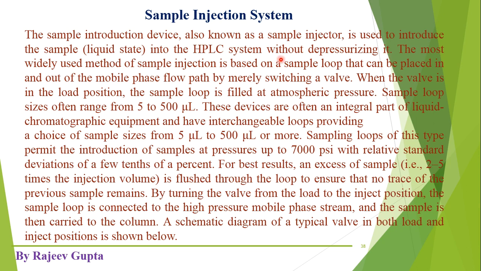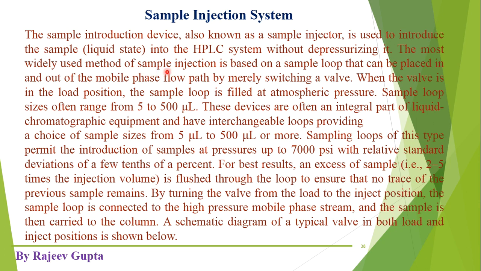During that process the pressure in the mobile phase or at the column is very high. So the injection of sample should not decrease the pressure inside the column or the pressure of the mobile phase in this plumbing system.